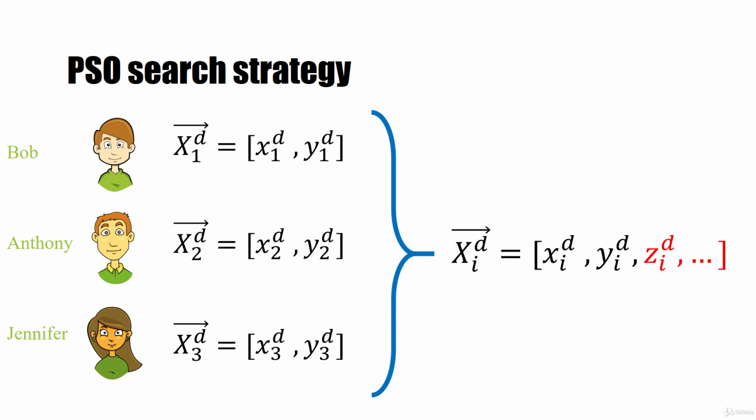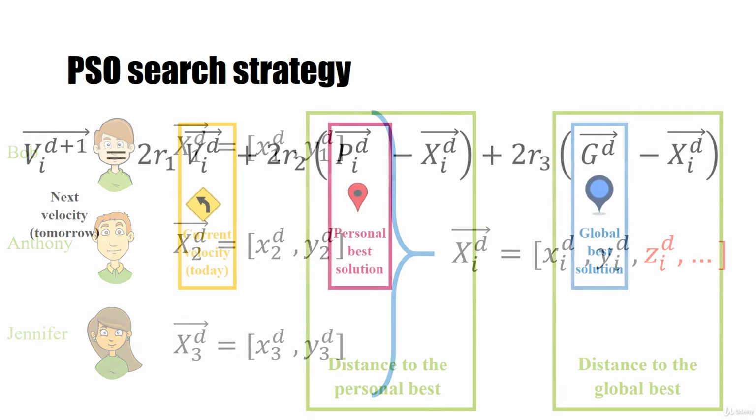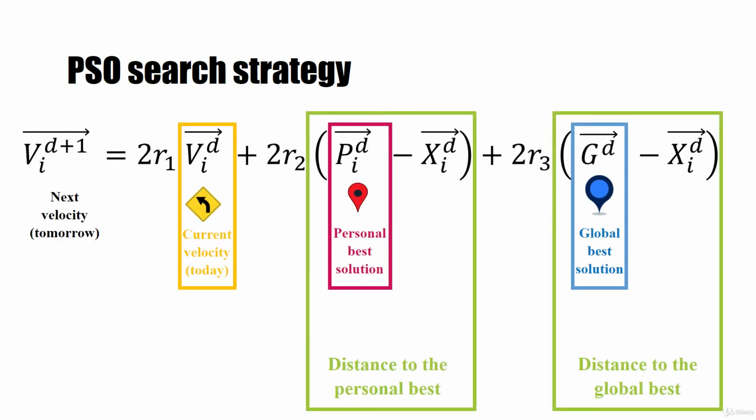To update the position vector, we need to define the movement direction and speed. This can be done using a vector called velocity. The V vector on the left-hand side of this equal sign shows the velocity in the next day. This vector is defined by 3 components: current velocity, tendency towards the personal best, and tendency towards the team's best, which we are going to call Gbest from now on.